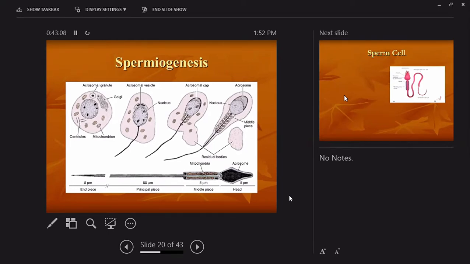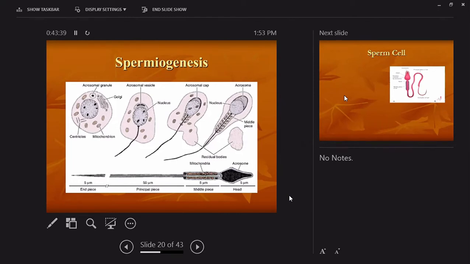And there you are, when you have now the development from the acrosomal vesicle to the acrosomal cup. Take note that the vesicle is not yet attached to your nucleus. In the acrosomal cup, it is already attached. Na sombrero na, kumbaga. And then finally you have your acrosome.